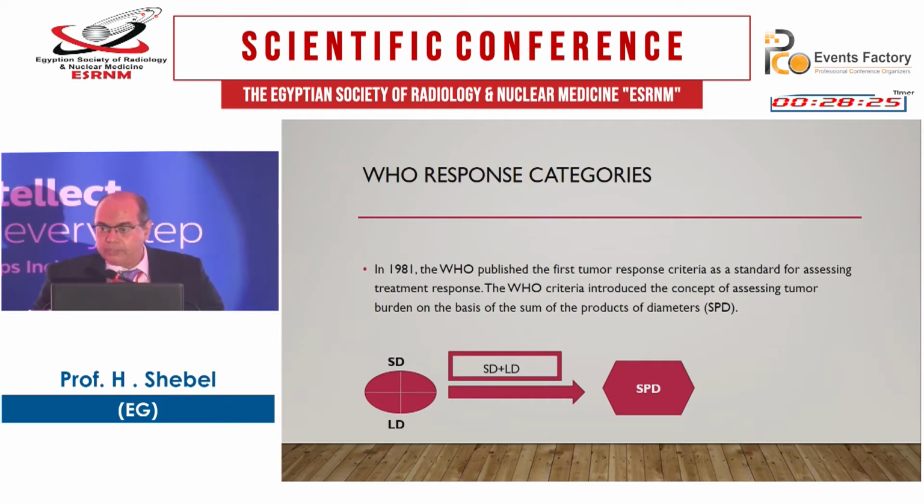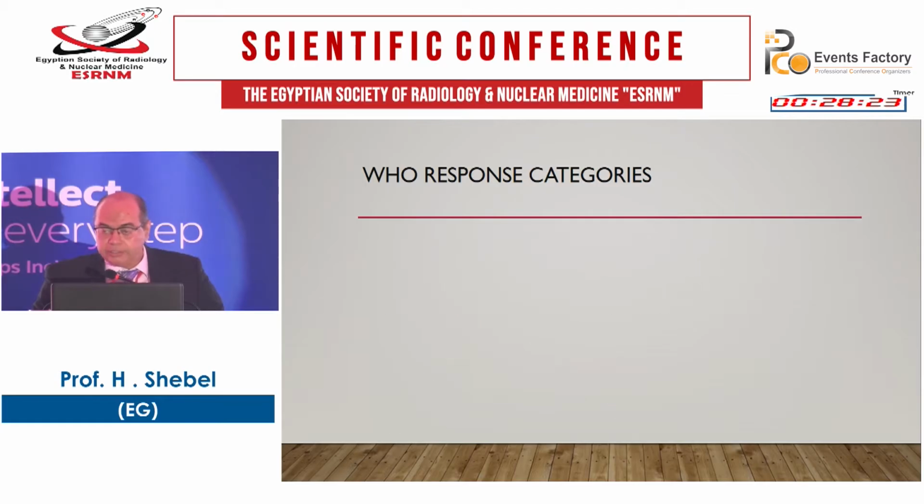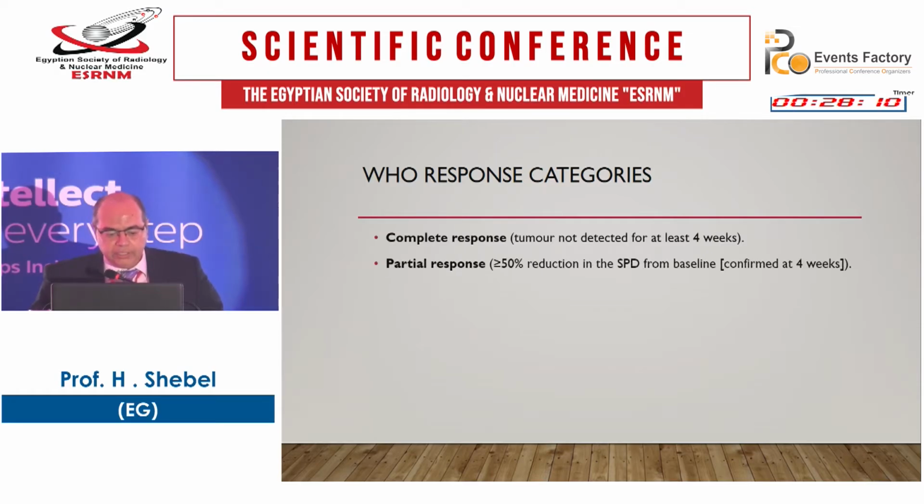Also, the World Health Organization categorized the tumor response into 4 main categories. Category number 1, complete response, which means the tumor completely vanished, at least for 4 weeks. The other group, partial response, is when there is a reduction of 50% of the size of the tumor, confirmed at 4 weeks.